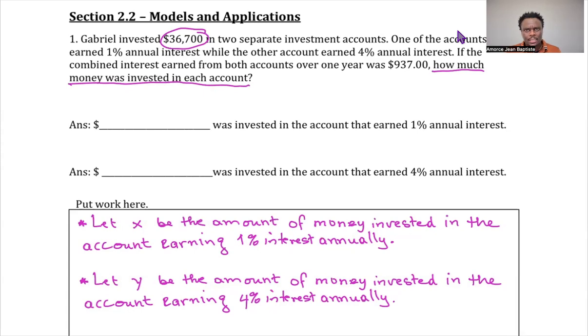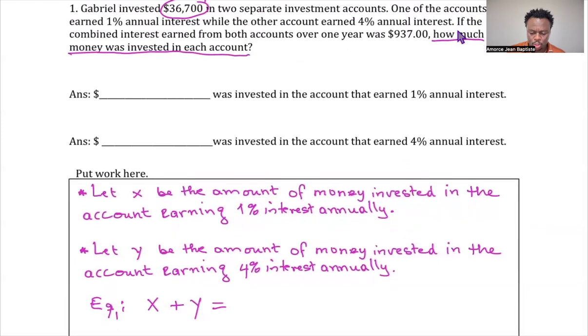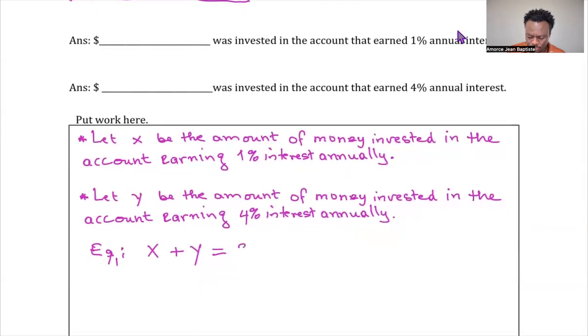So that's X and Y, two parts. So basically I have one equation, equation number 1: X plus Y equals the total amount, 36,700.